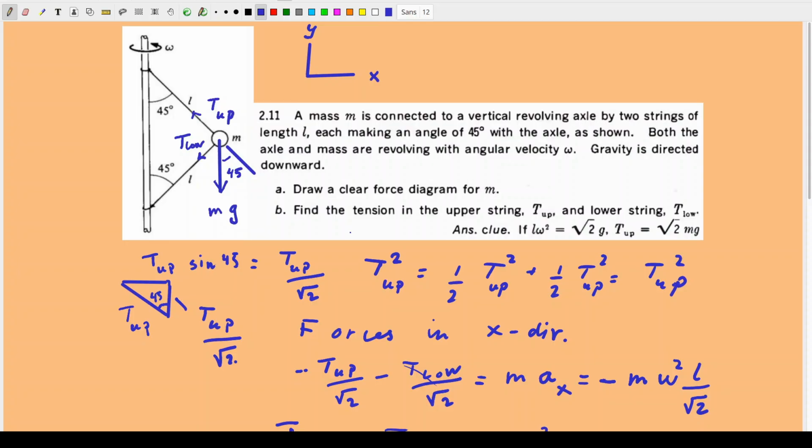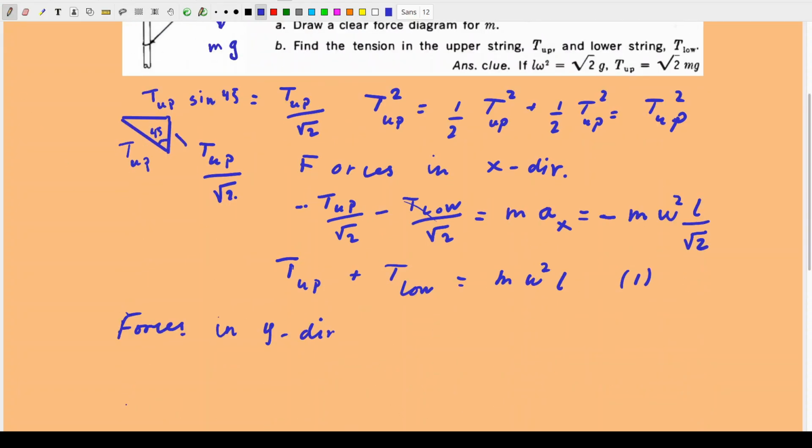The T up has a component in the positive y direction. T low has a component in the negative y direction, and mg is also in the negative y direction.